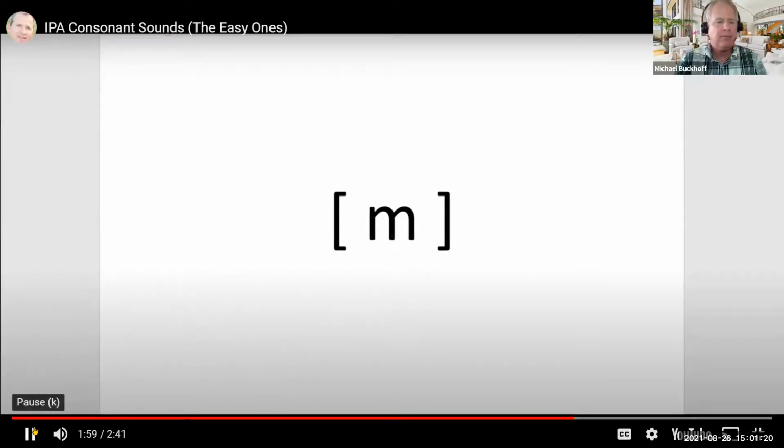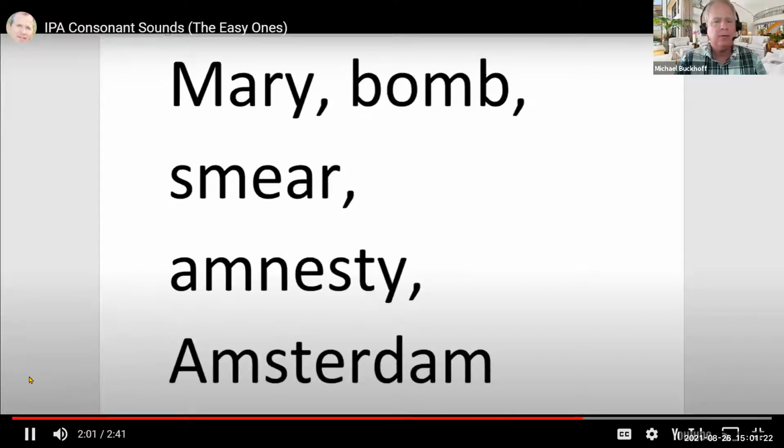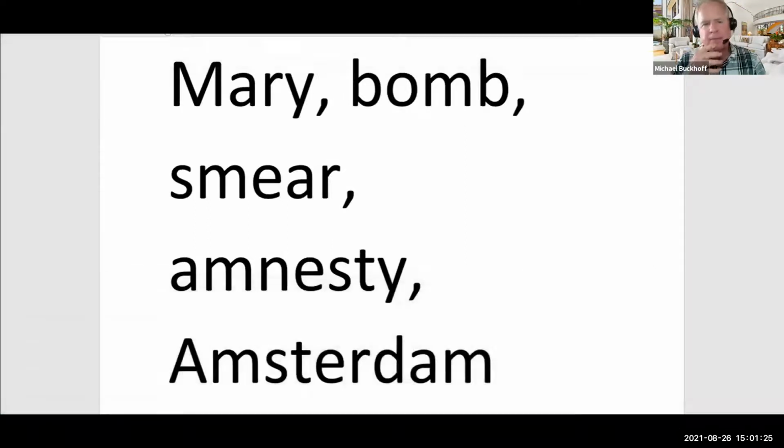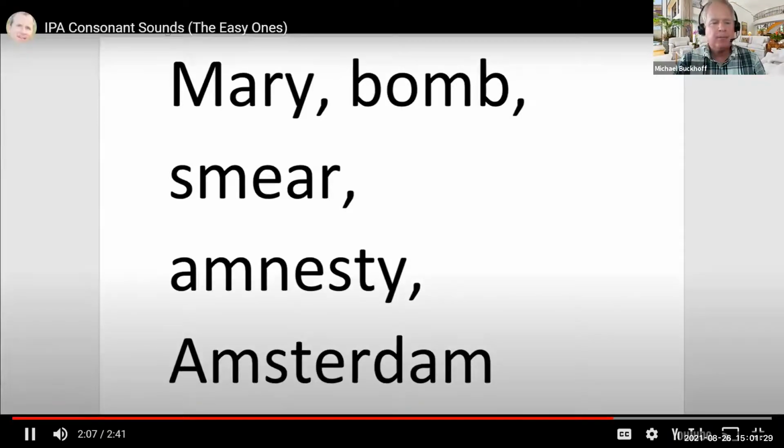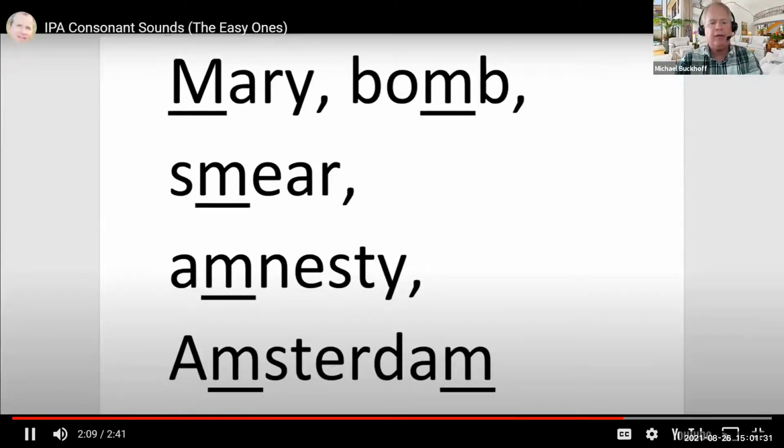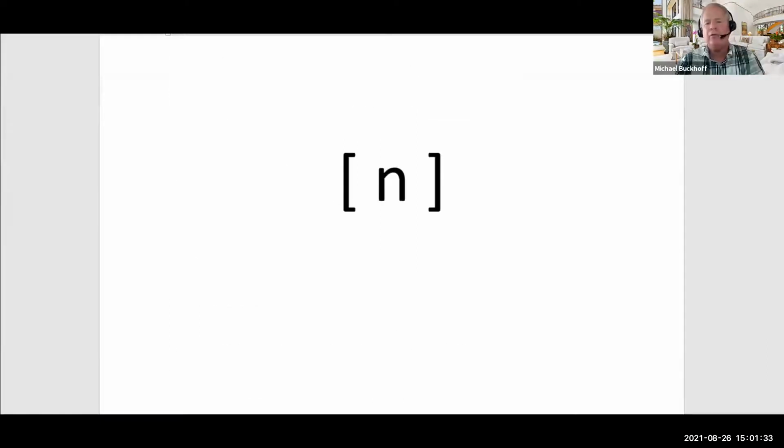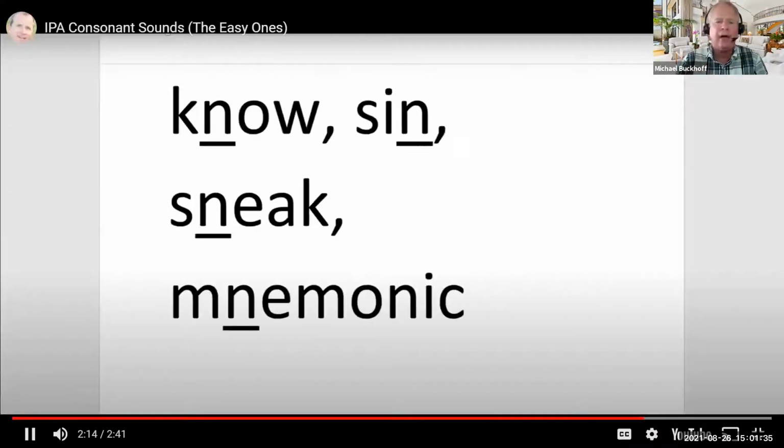M: Mary, bomb, smear, amnesty, Amsterdam. These are pretty easy. You know all the sounds, right? It's just the spelling patterns that might throw you off. Sin, snake, mnemonic. So you'll see some unusual spelling patterns, especially with the M and the N there.